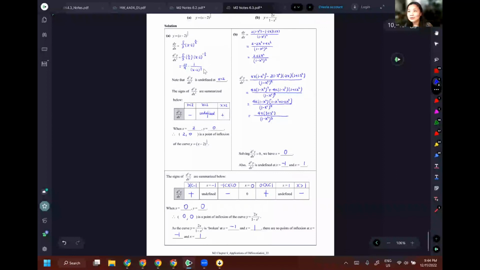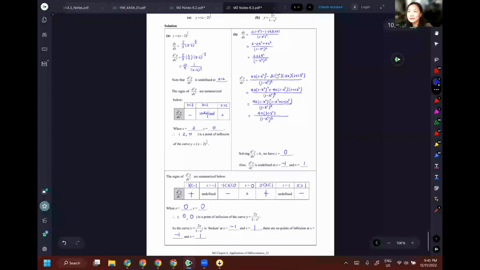There is no step showing solving, but you can see there is no solution anyway. So we skip that and say, oh, this is undefined. And after checking, we find out this point is actually a point of inflection, although the second derivative is undefined.